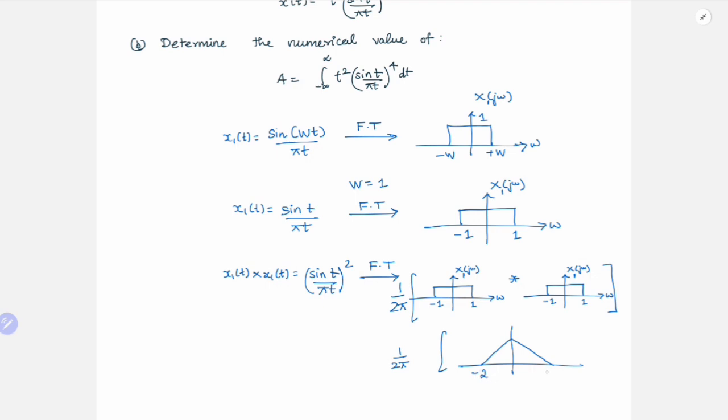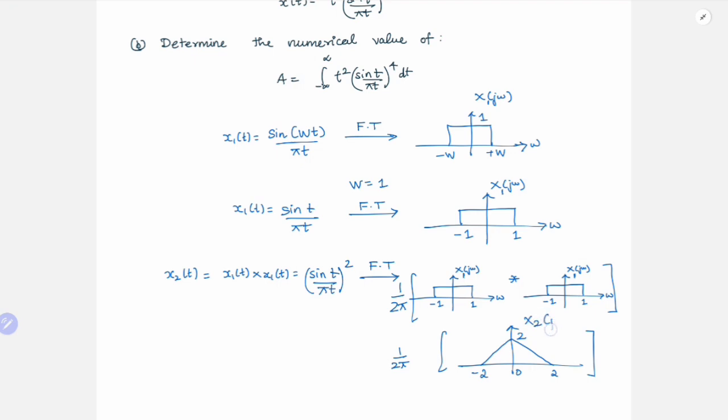So it will start from -2 to 2. And what is its height going to be? It will be the area when both of them overlap, right? So the area when both of them overlap is going to be 2, because its width is 2 and the height is 1. So this is 2.